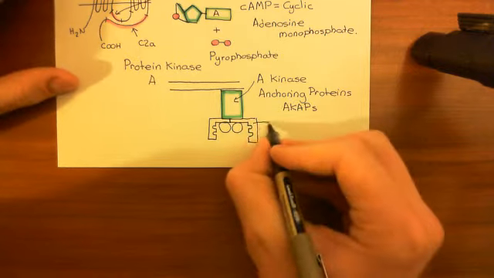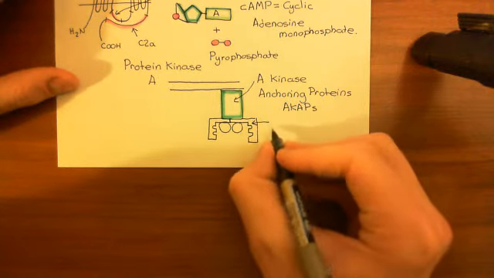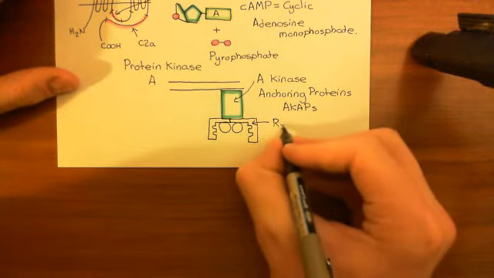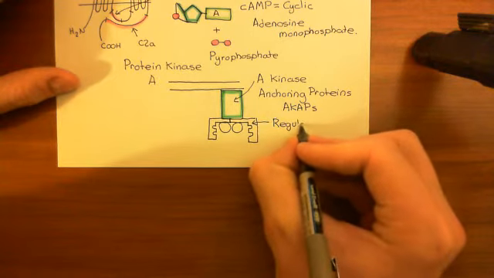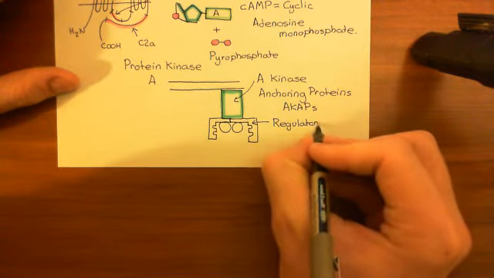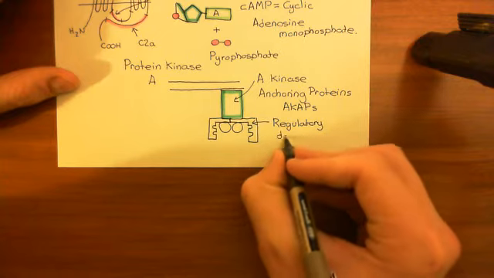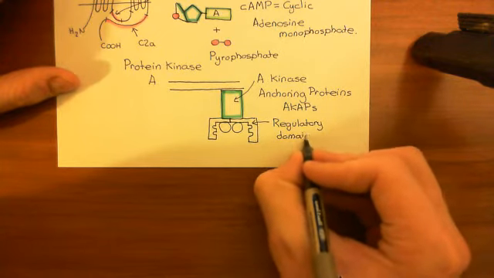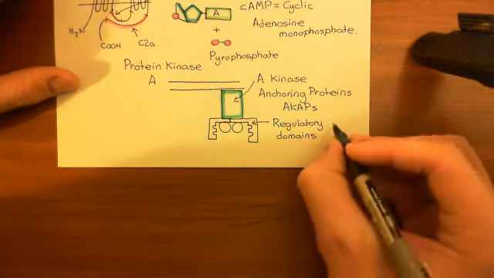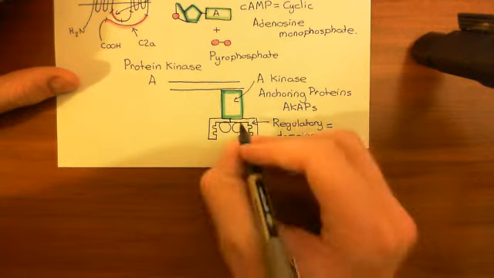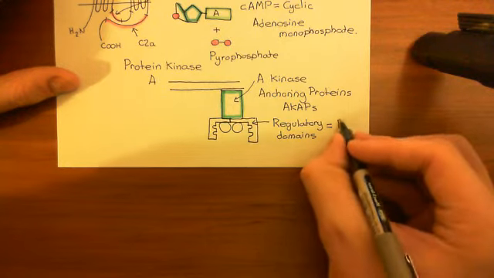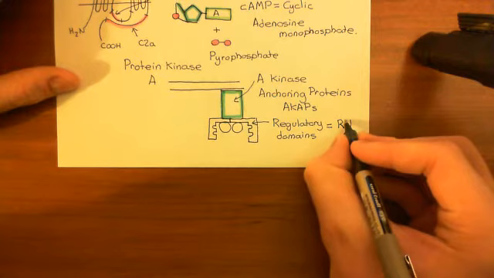These 2 that are in the L shape are known as the regulatory domains. Because we are talking about type 2 protein kinase A, which is attached to the A kinase anchoring proteins, the regulatory domain you will have is called the R2 domain.